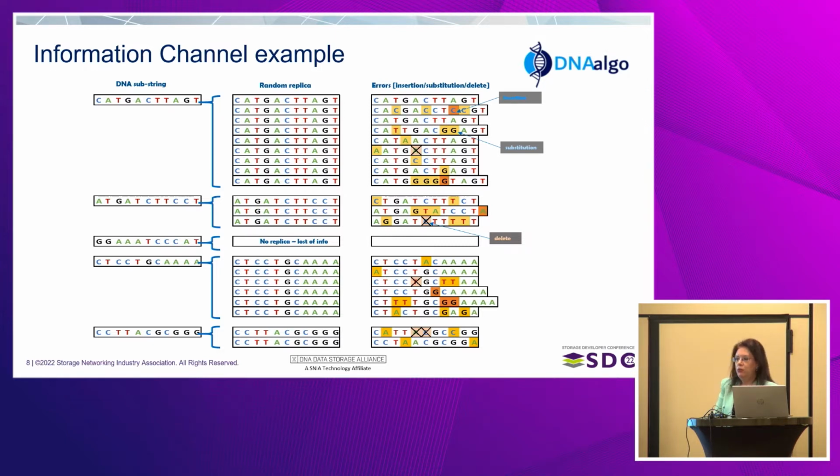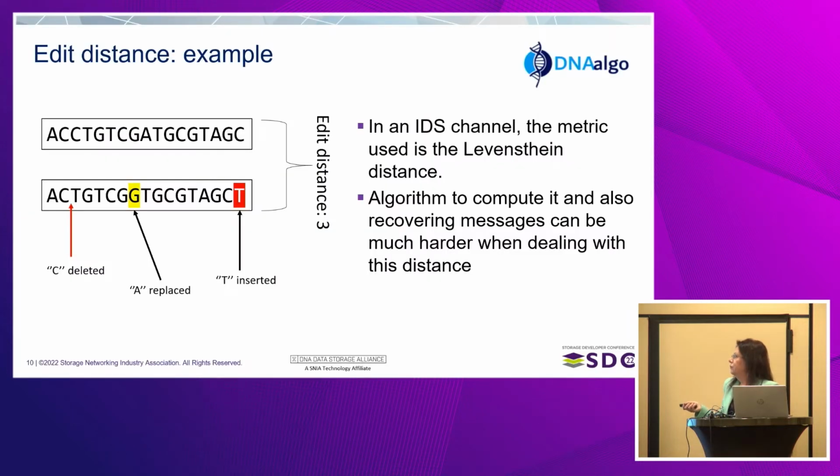When we are dealing with an information channel, a metric is fundamental. When we want to understand how many errors occurred, or how far we are from the original strand that has been synthesized, we need a metric. And the metric that we use here is what we call edit distance. The edit distance is quite easy to understand, but it's not easy at all to compute.